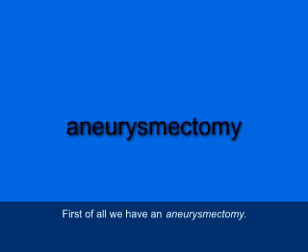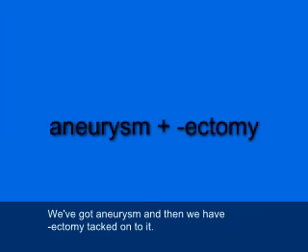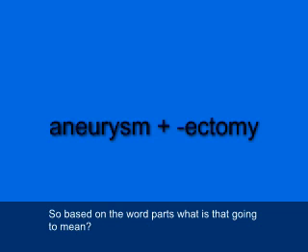Well, first of all, we have an aneurysmectomy. Now, if you break that down, it's basically two word parts. We've got aneurysm, and then we have ectomy tacked onto it. So based on the word parts, what's that going to mean?